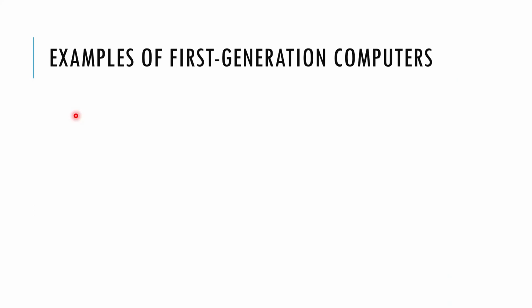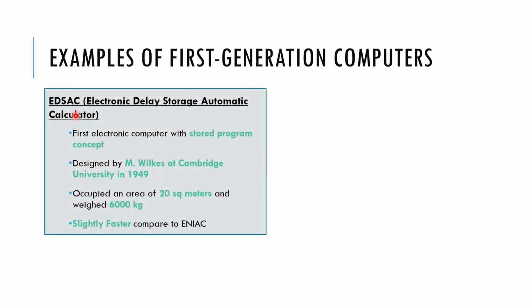Now let us take a look at some more examples of first generation computers. The next one is EDSAC, Electronic Delay Storage Automatic Calculator. This one was the first electronic computer with stored program concept, designed by M. Wilkes at Cambridge University in 1949.